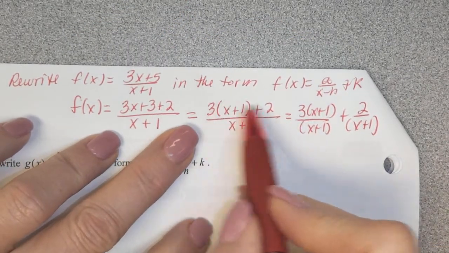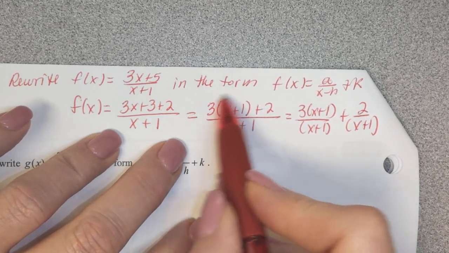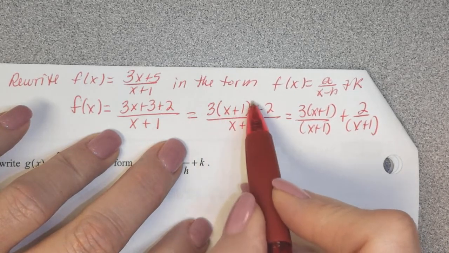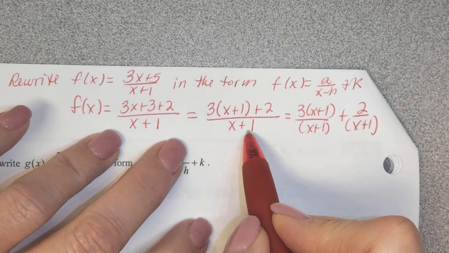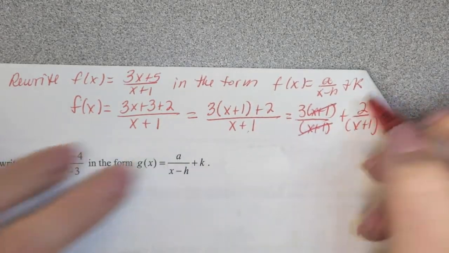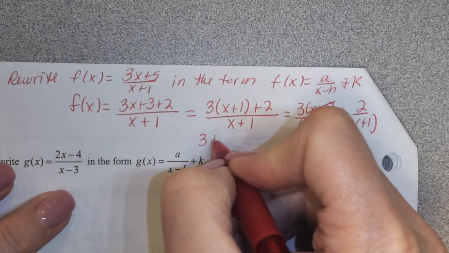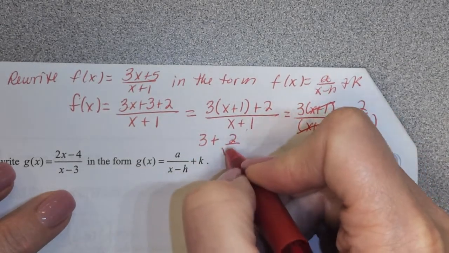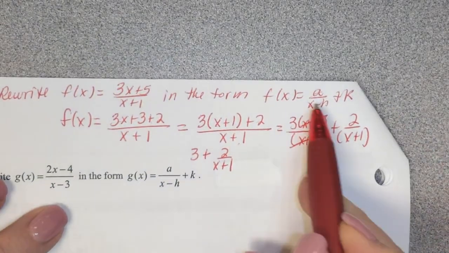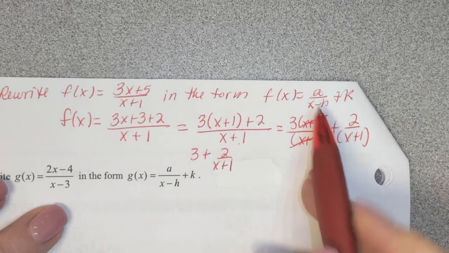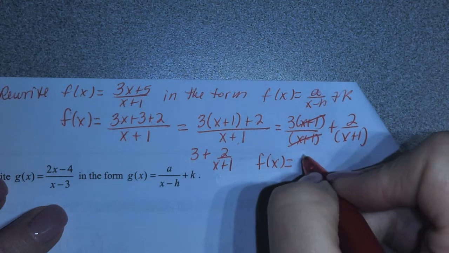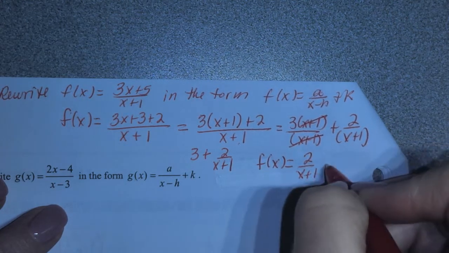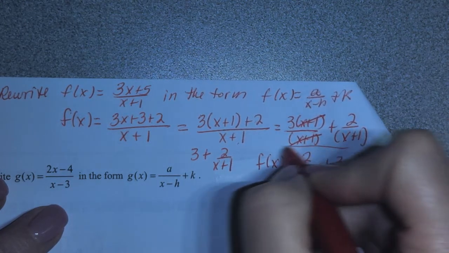See how that makes sense? I'm putting this as one term right here. I mean, there's two terms there, but this all goes together, over x plus 1 plus 2 over x plus 1. So now these are going to cancel, and so I'm going to get 3 plus 2 over x plus 1. Look at the way they want me to rewrite it. So I'm just going to switch it. So it's going to be f of x equals 2 over x plus 1 plus 3.